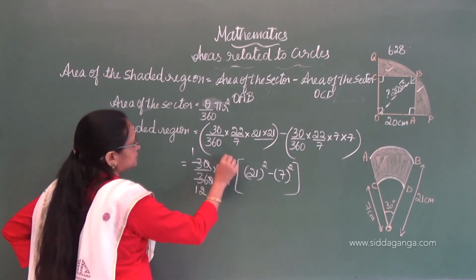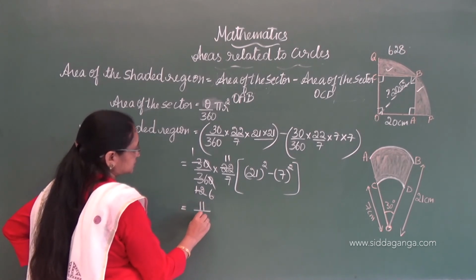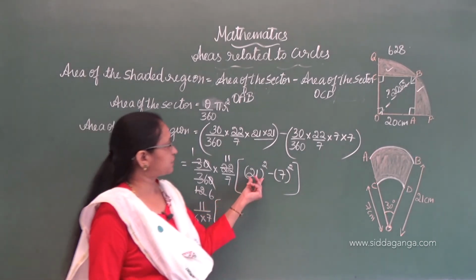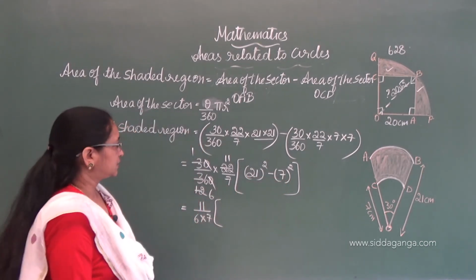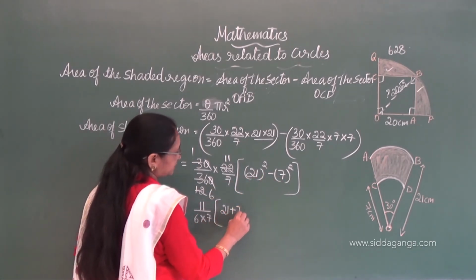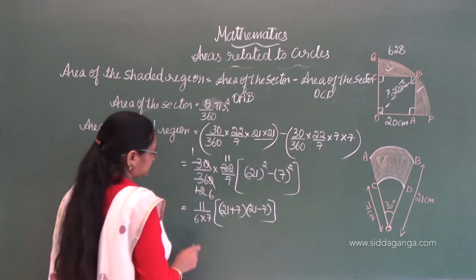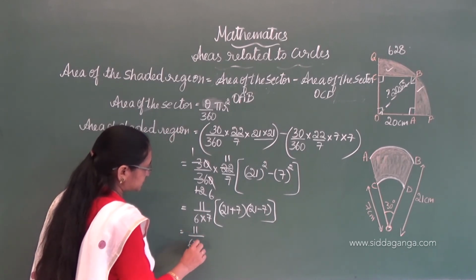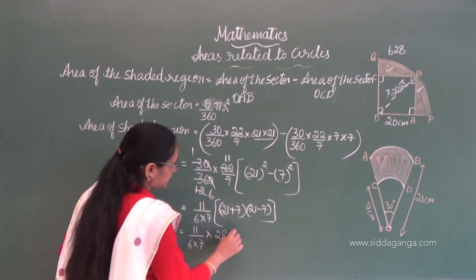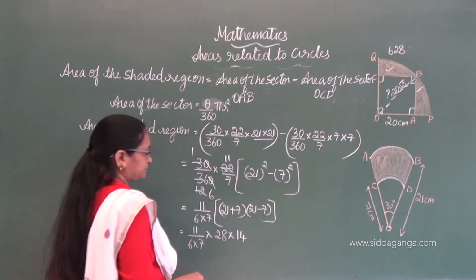Now, 11 by 6 into 7, and here I will use a square minus b square, which is a plus b into a minus b. So here 11 by 6 into 7 into 28 into 14, correct.